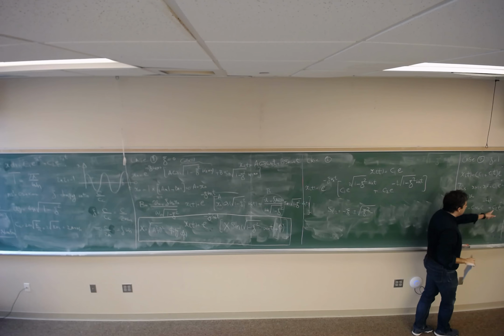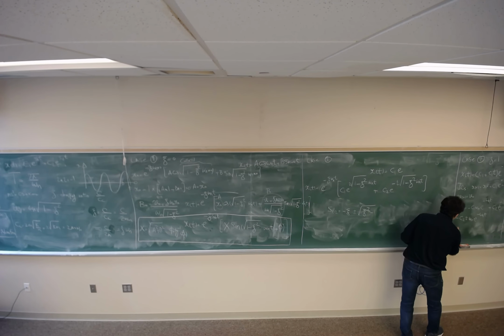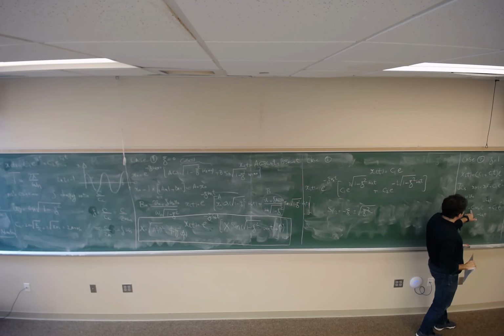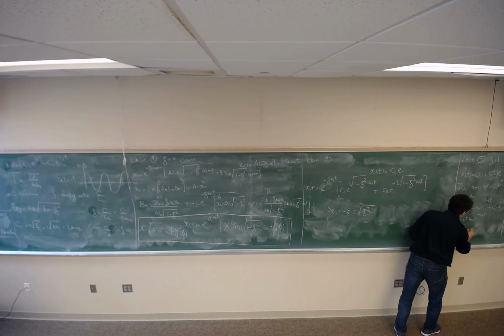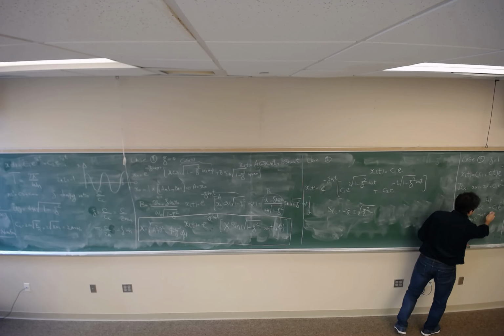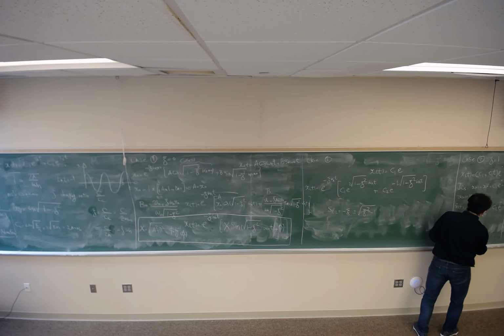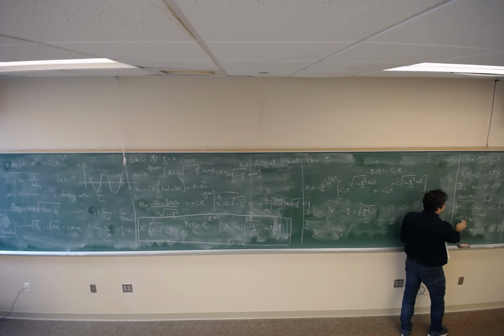We should find C2. I'm going to plug in time equals to 0. If I plug in time equals to 0, I'm going to get e power 0, which is 1, negative C1 omega n plus C2 times e power 0, and here t is 0, C2 times 0 is going to be 0.